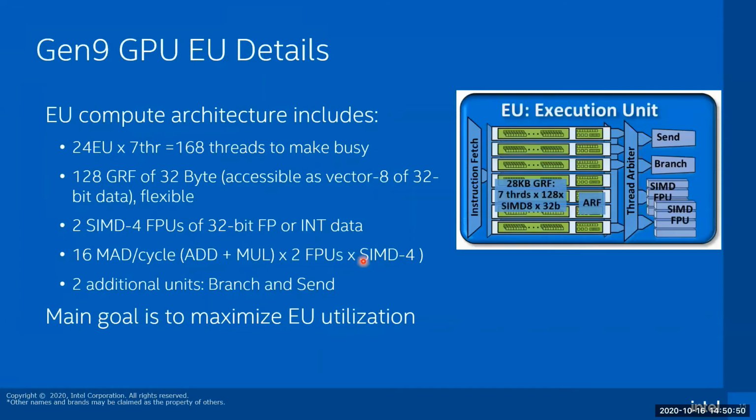Each execution unit can run up to 7 threads, so it can be up to 168 threads simultaneously, even on this small GPU in my laptop. It means that you need to think about enough job to do for the GPU, because even in this small GPU there is still a huge number of threads available for doing something.